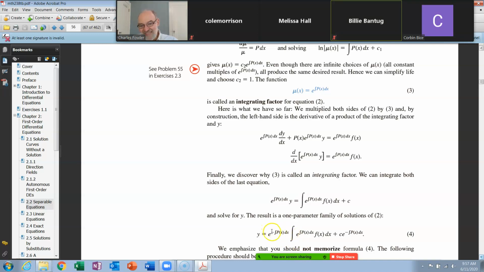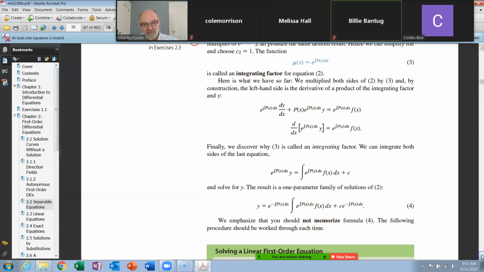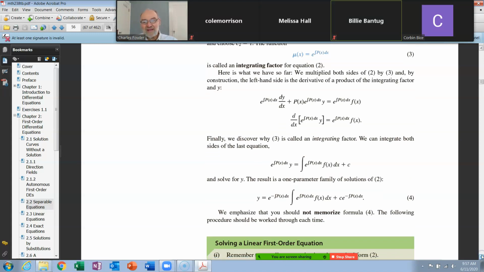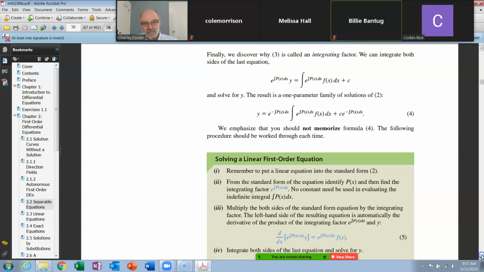Now remember, that thing that we've got here, it's just some function. You don't always carry it around as an integral, but it's just some function, just like it is here too. Please don't try to memorize this function. You do the process, okay? And when you're actually dealing with a function, it comes out much, much easier.